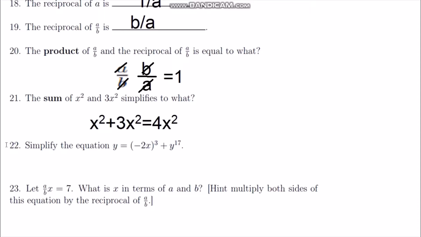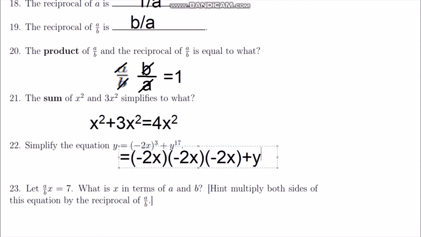For this one, let's just line up our equal sign, so nice and orderly. Recall minus 2x, we're taking that whole quantity and we're cubing it. So we have minus 2x times minus 2x times minus 2x plus y to the 17th power, which is also equal to: minus 2 times minus 2 is 4, and then 4 times minus 2 is negative 8, so negative 8x cubed for that term.